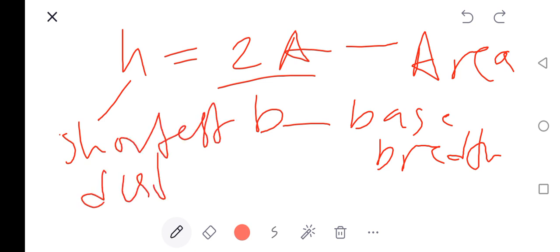So this formula will not be given, but you have to provide it yourself. So that is just a quick view of what was happening in the last month of this topic, the first part.